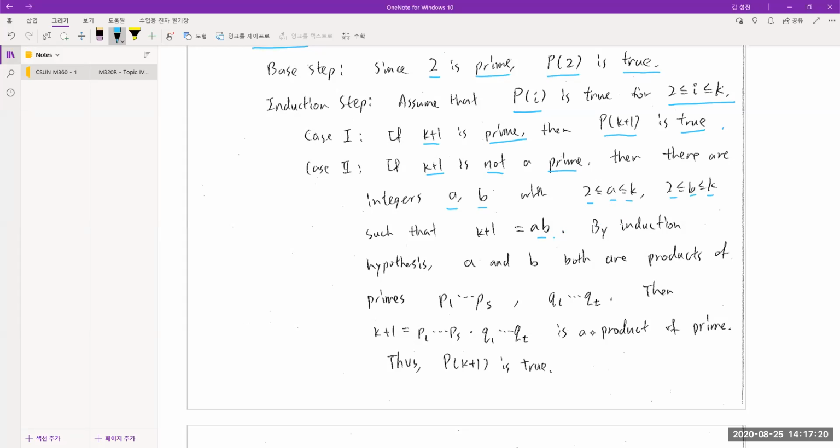The existence of such integers a and b is because k plus 1 is not a prime, so k plus 1 must allow a non-trivial divisor. A non-trivial divisor is one that is not 1 and not itself. So let such integers be a and b, which makes k plus 1 equal to ab. Then our induction hypothesis is that P(a) and P(b) are true.